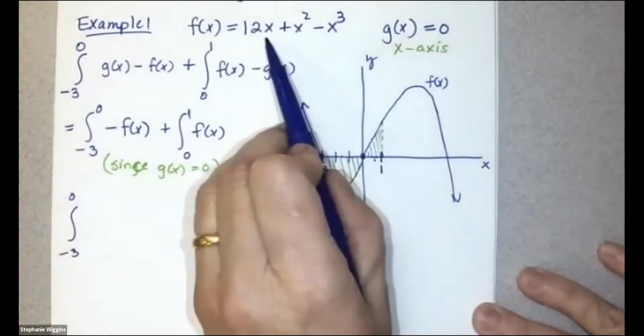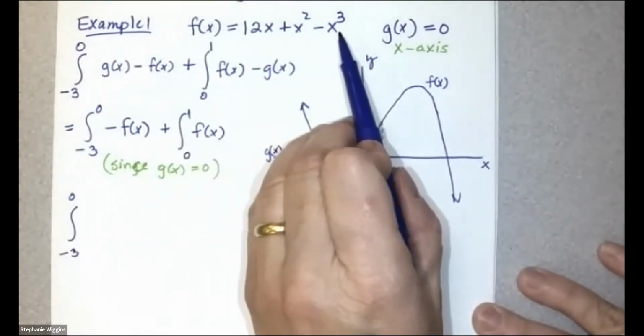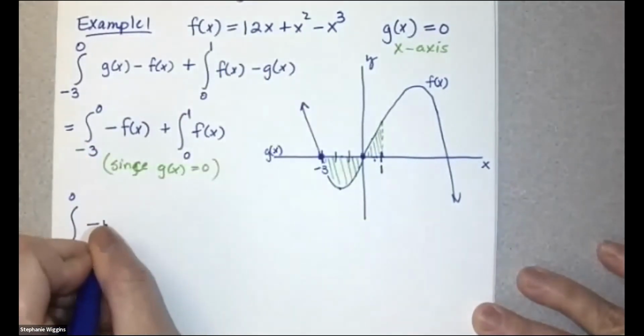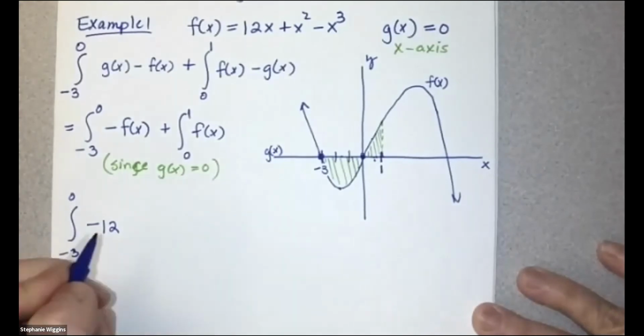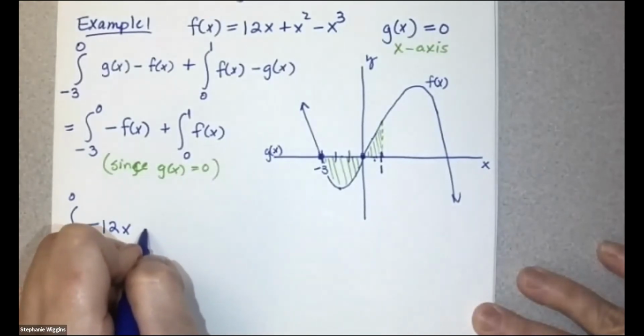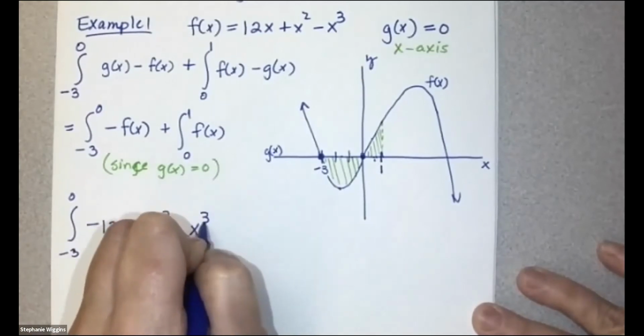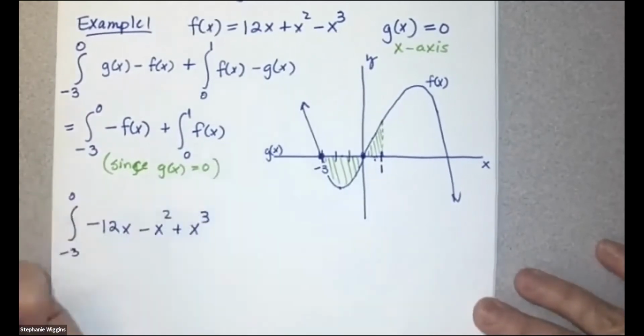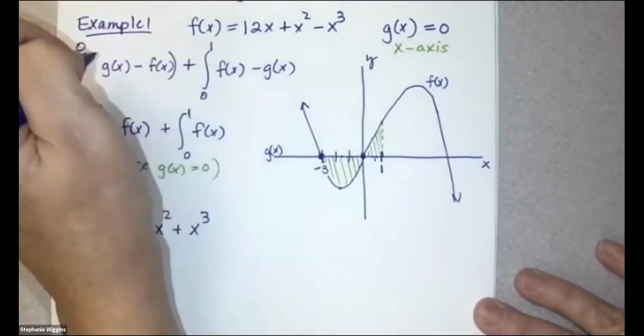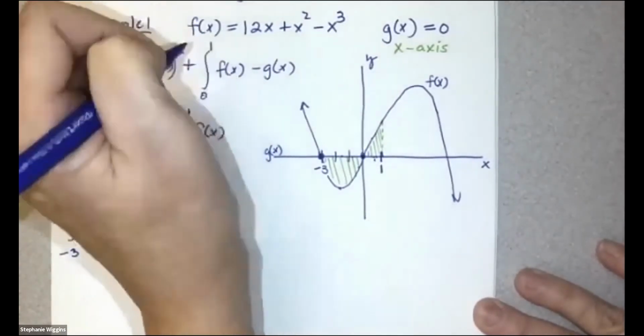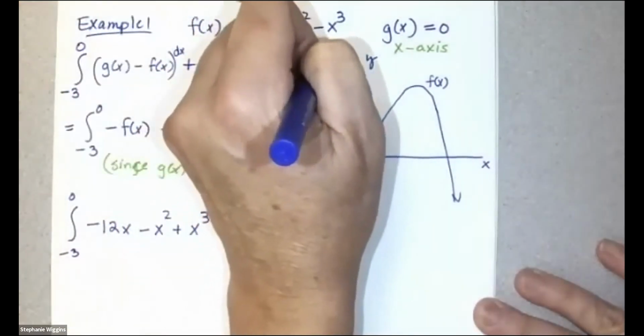Now the negative f of x, I'm just going to change the sign on each term. So it becomes negative 12x minus x squared plus x cubed. And then, which is common, I forgot my dx is here. You always have to have dx when you integrate.